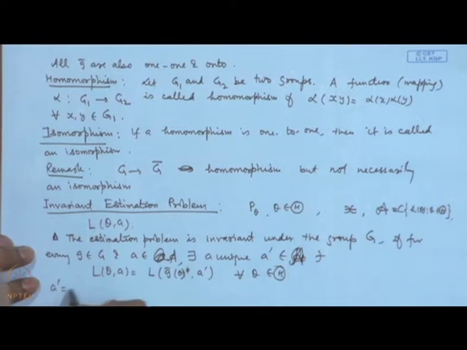So, we denote this a prime as g tilde a.